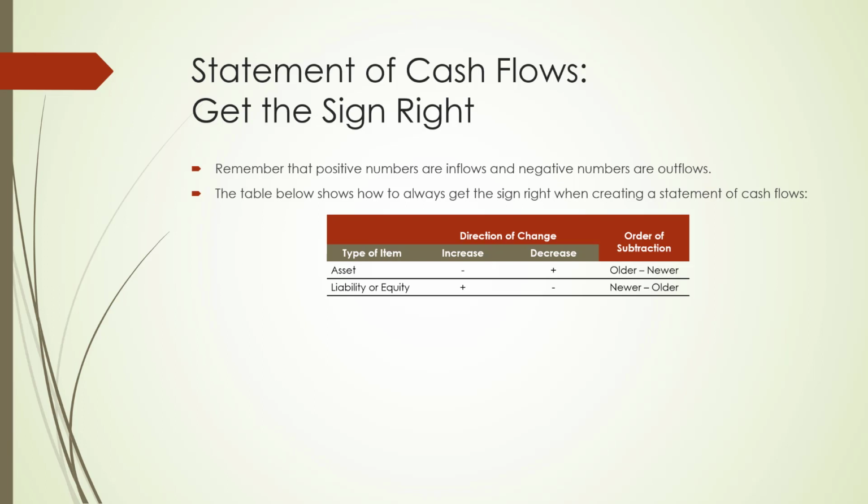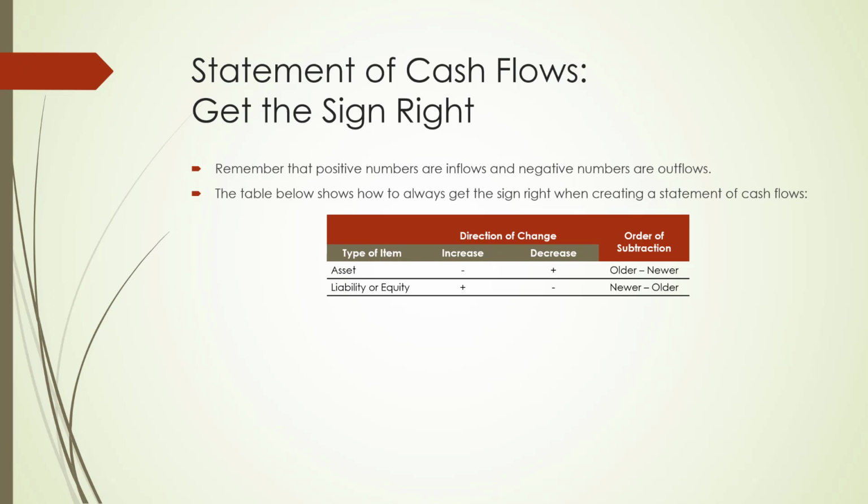For liabilities and equity, it's exactly the opposite. So imagine long-term debt, for example. If the company raises money by selling bonds, that represents a cash inflow, and it would be a positive number on the statement of cash flows. On the other hand, if they were to buy back common stock, that would be a cash outflow, and that would be a negative number on the statement of cash flows.